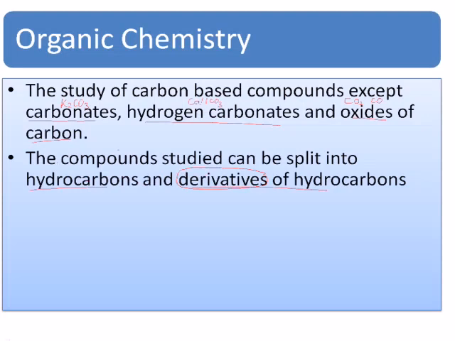So the carbon-based compounds that we study are split into two groups, the hydrocarbons and their derivatives. The hydrocarbons are all compounds that are only made up of carbon and hydrogen. And derivatives of hydrocarbons will have carbon, hydrogen, and any other element in that structure. But as long as that element doesn't make that compound a hydrogen carbonate or an oxide of carbon, then it's still an organic compound.